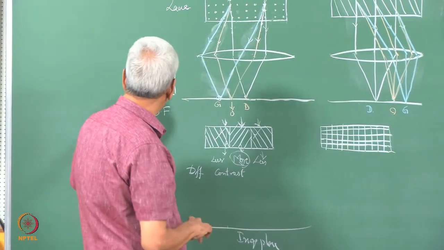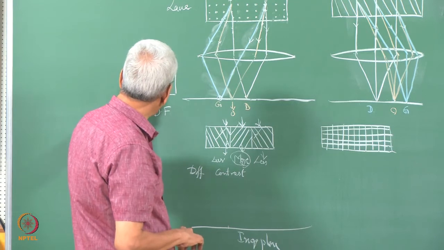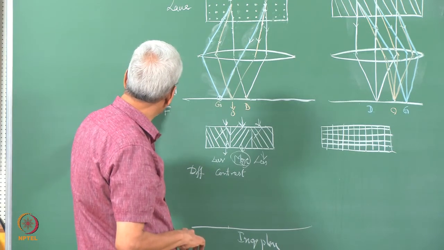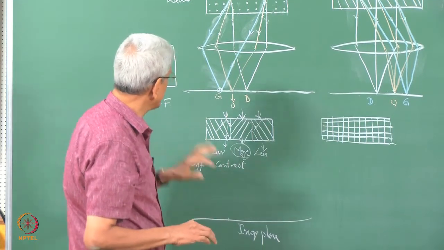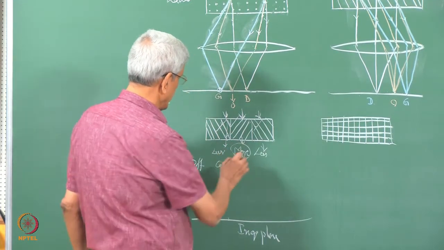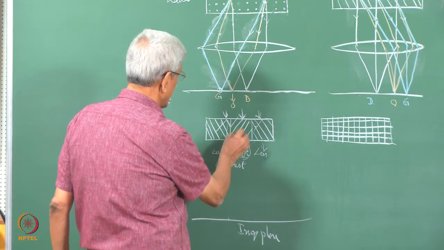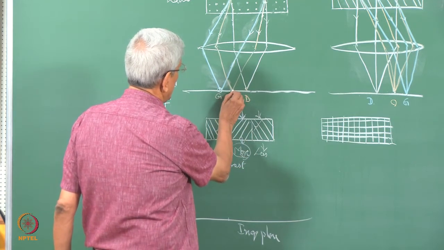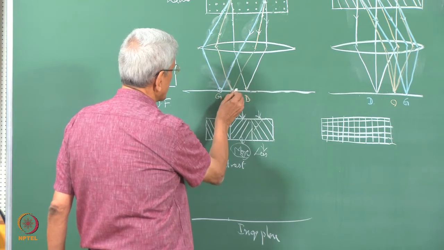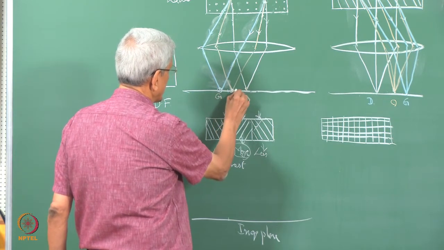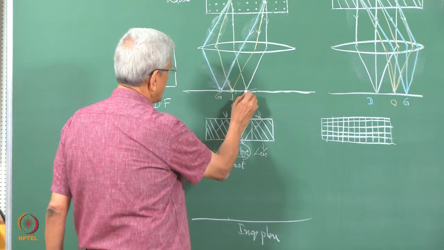But when we put an aperture around either a central beam or a diffracted beam, what we are essentially doing is magnifying this diffraction spot, putting an aperture like this and cutting off all the other spots.